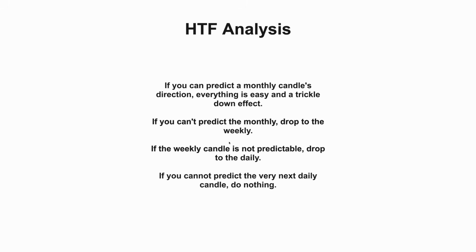If you cannot predict the weekly candle's direction, drop to the daily and see if you can predict the very next daily candle. If you cannot then predict the very next daily candle, literally do nothing. Doing nothing is actually more in trading. It's the only business, and this is why people struggle with it so much, where doing less is actually more.